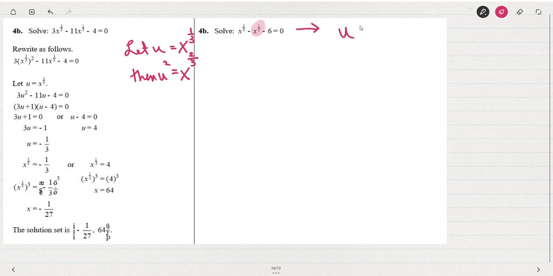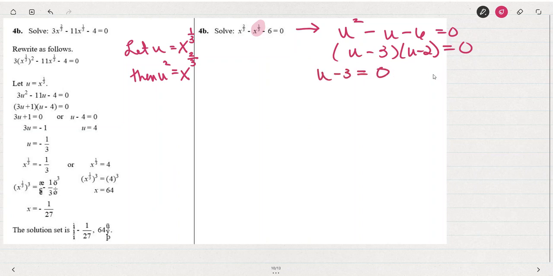So I'd have u squared minus u minus 6 equals 0, factoring u minus 3, u minus 2. You could check that with FOIL. U minus 3 is 0, or u minus 2 is 0. U is 3, or u is 2.